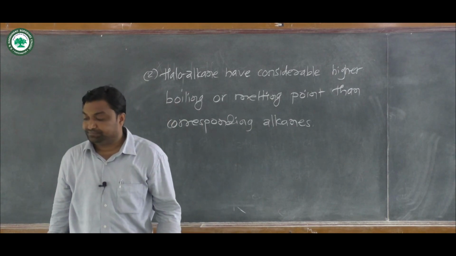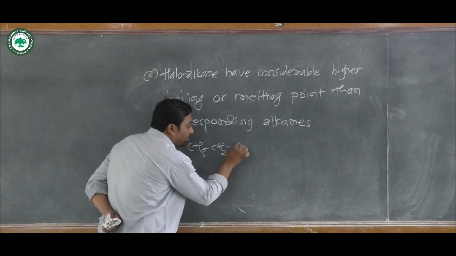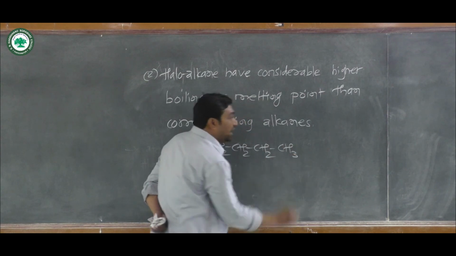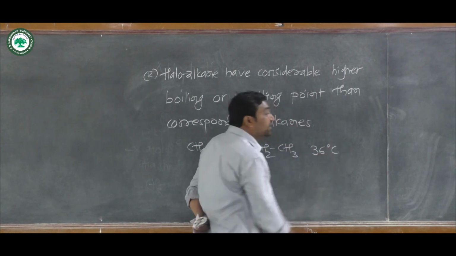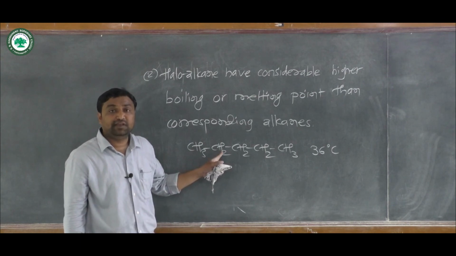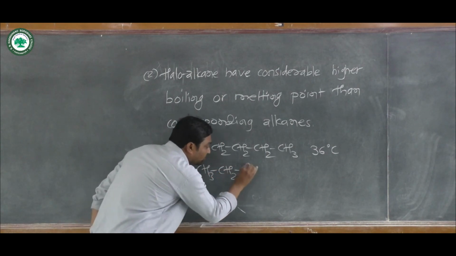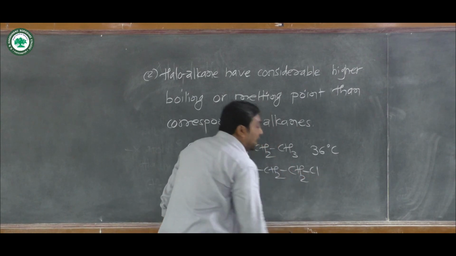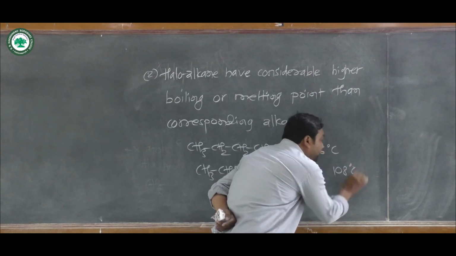For example, N-pentane has a boiling point equal to 36 degrees Celsius, whereas its corresponding haloalkane, that is N-pentyl chloride, has a boiling point equal to 108 degrees Celsius.